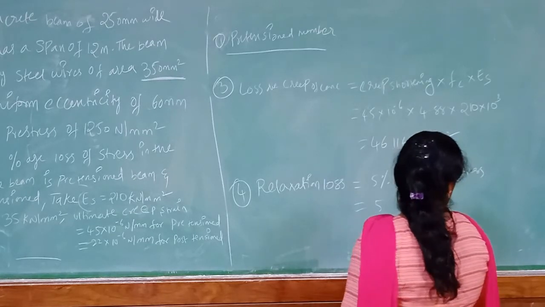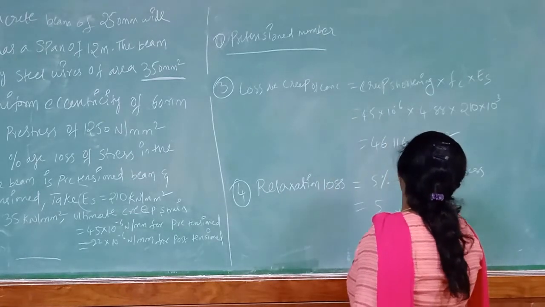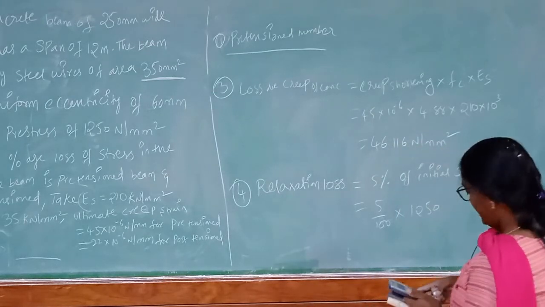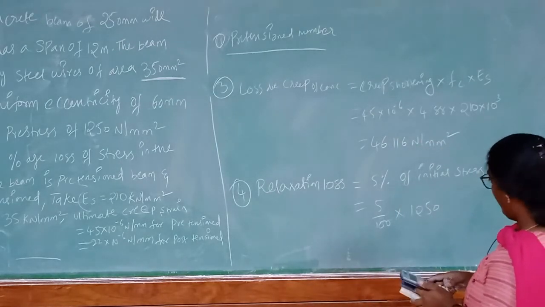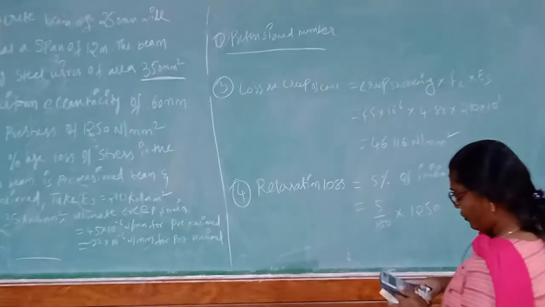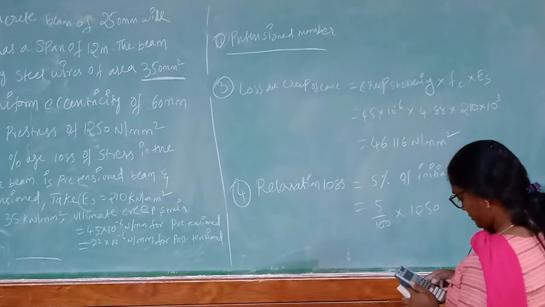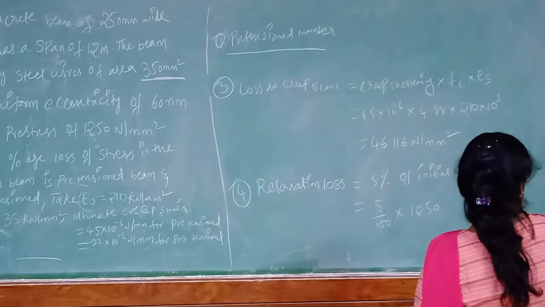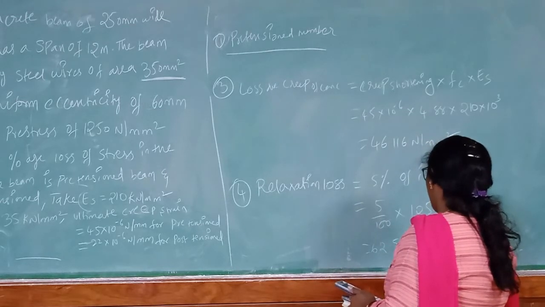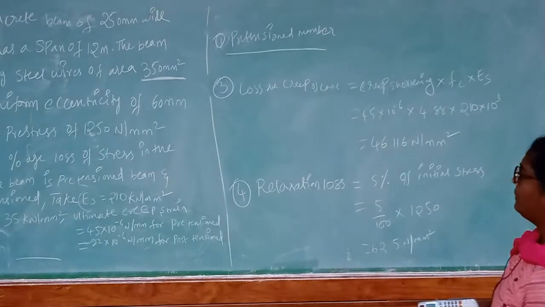The initial stress has already been given in your problem. Please follow the code book. You will get all the formulas on pages 24 and 25 of IS 1343:2012. So here you have got relaxation loss of 62.5 Newton per mm square.